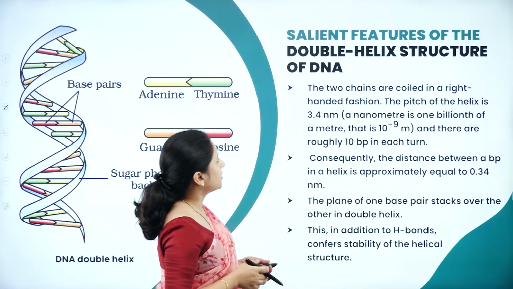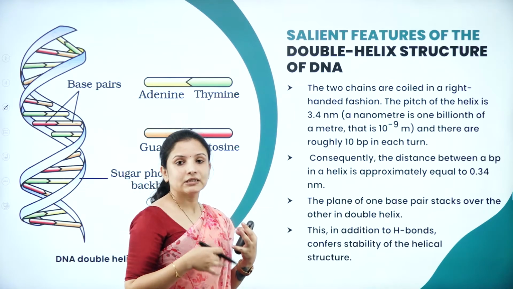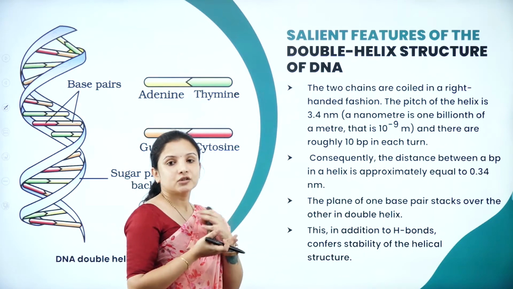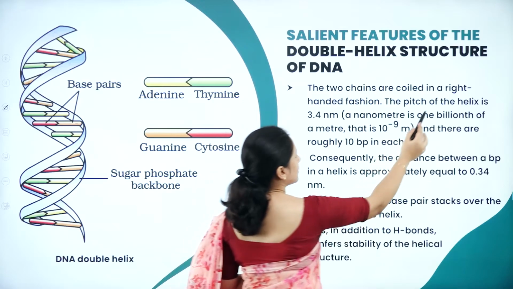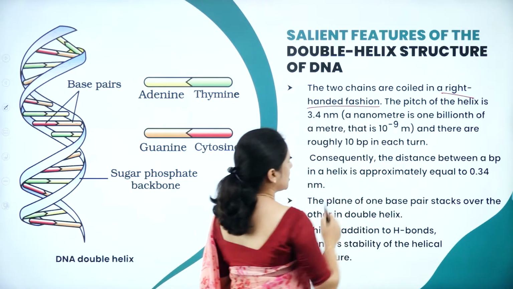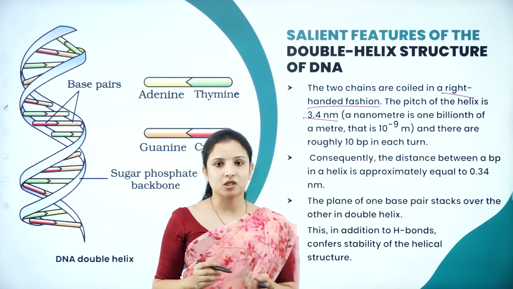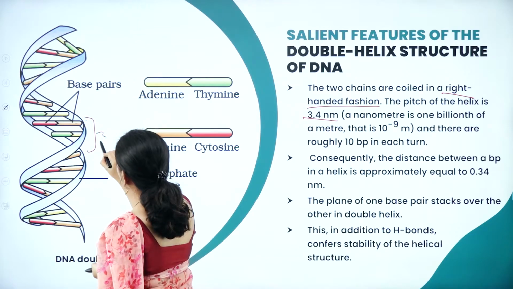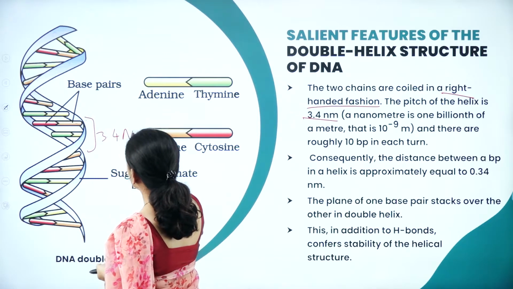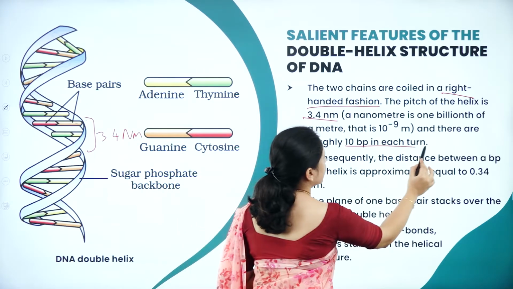So, next, moving further, let us study about their coiling. It is a double helical structure, right? So, they need to coil. How do they coil? The 2 chains are coiled in a right-handed fashion, and the pitch of the helix is 3.4 nanometer. And there are roughly 10 base pairs in each turn.